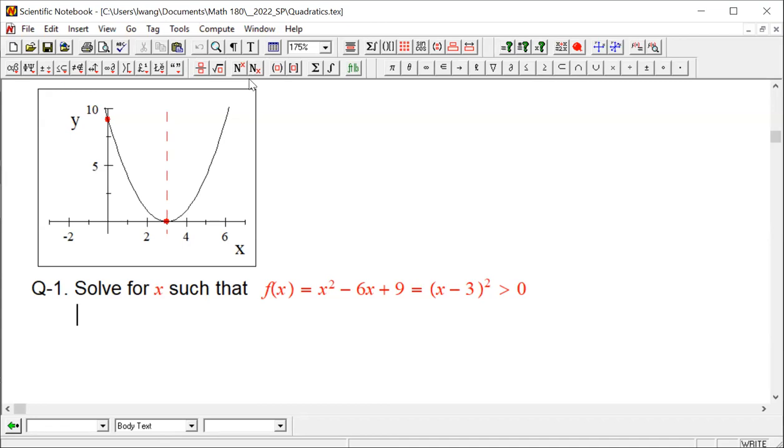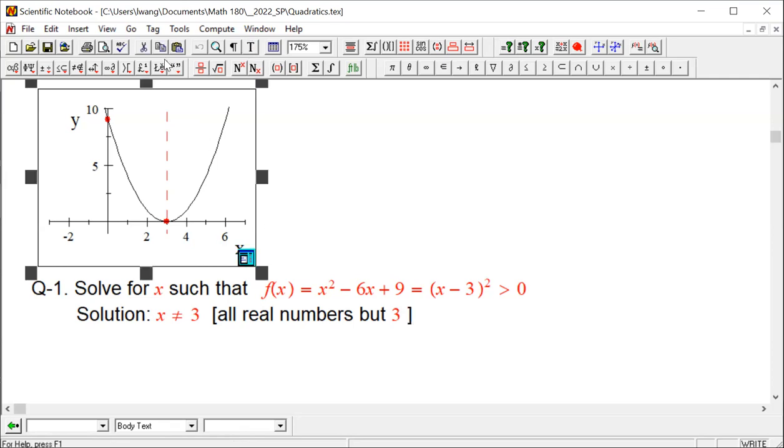The solution would be all real numbers but x equals 3, right? So the solution would be all real numbers, but x is not equal to 3. The meaning is all real numbers except 3.